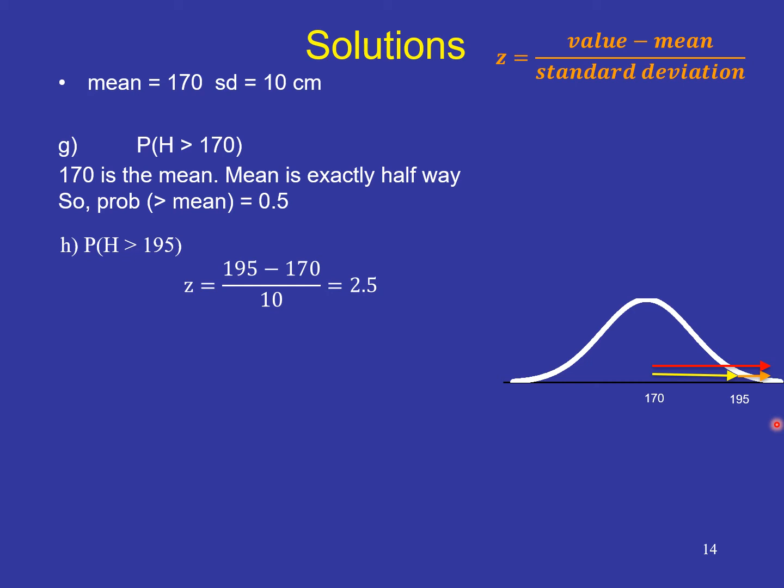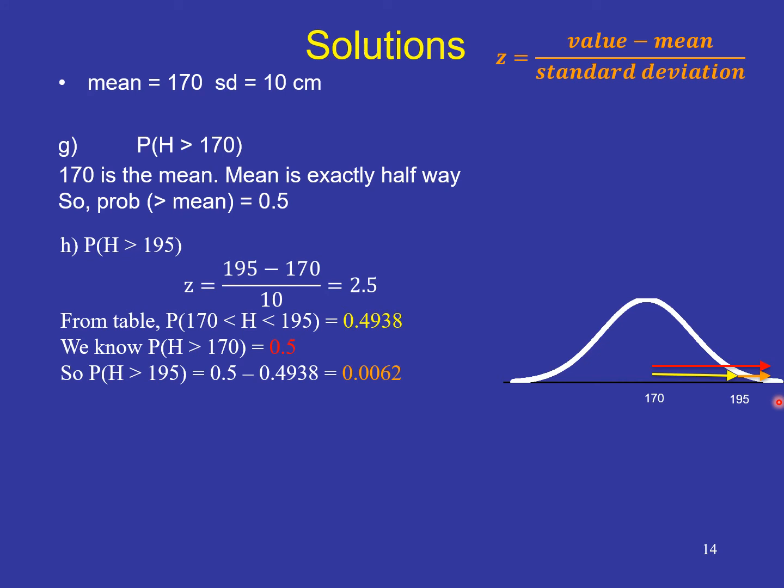But remember, when we look up 2.5 in our tables, it gives us the probability to the middle, so it gives us the yellow region, which is 0.4938. We want the orange region. We know that the red region from 170 upwards is 0.5. So clearly the orange region is just the red region take away the yellow region, so it's 0.0062. So the probability that someone is taller than 195 centimeters is 0.0062.